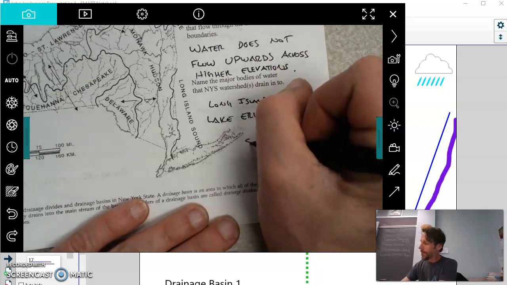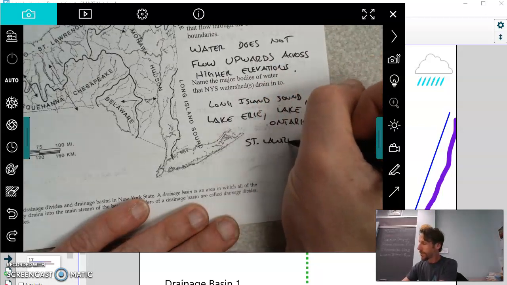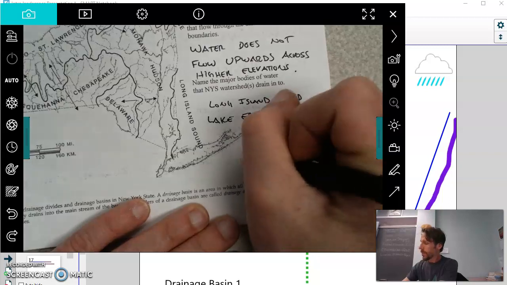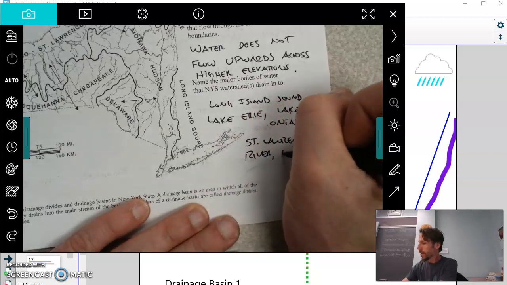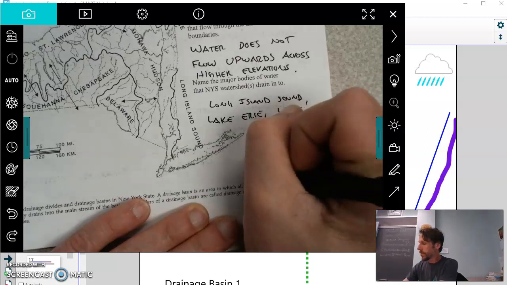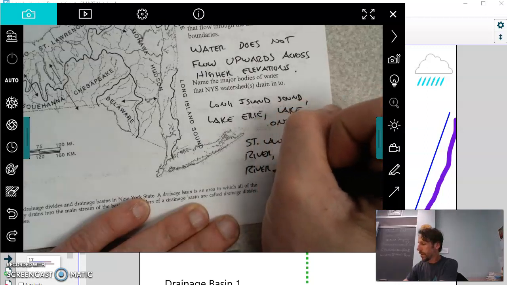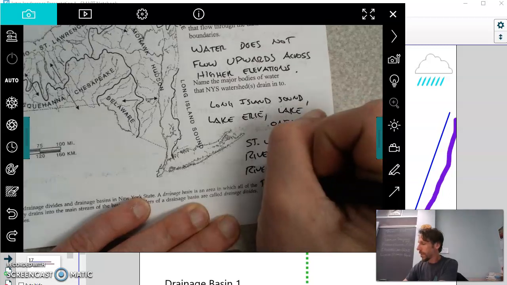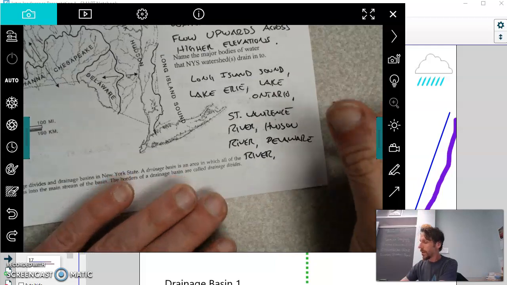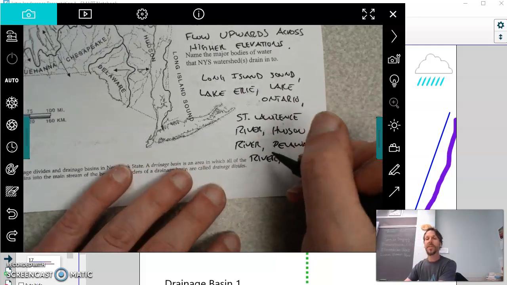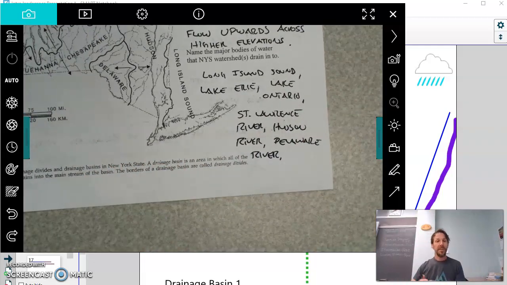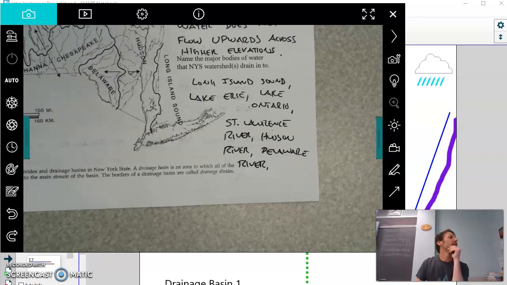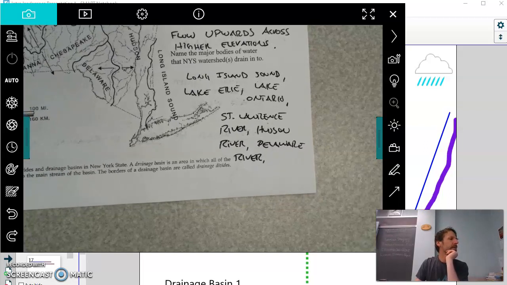We also have the St. Lawrence River, the Hudson River, the Delaware River, the Atlantic Ocean, the Finger Lakes. I can just keep going. Now, if you, for any second of your life, were thinking, where is he getting all these from? Because I don't see all these on the map.